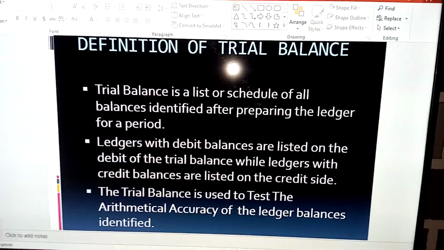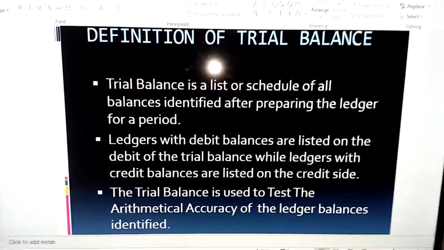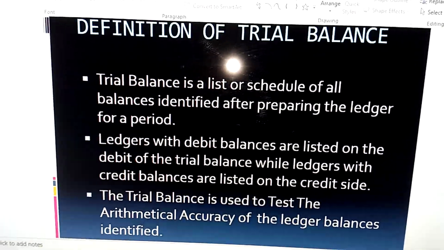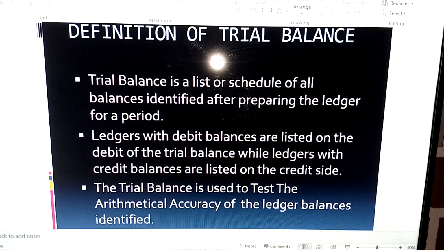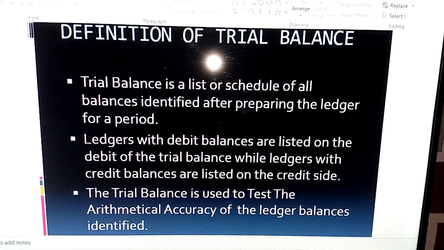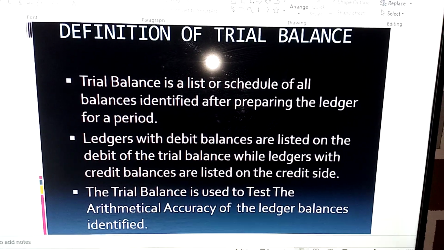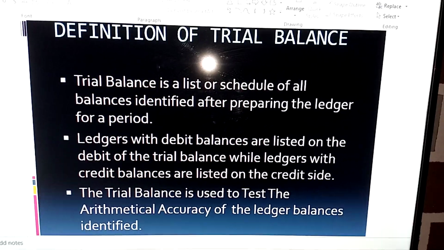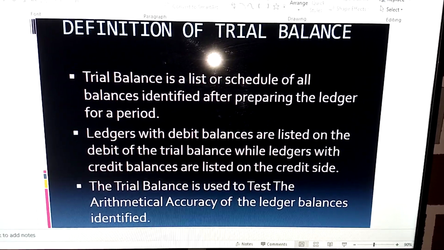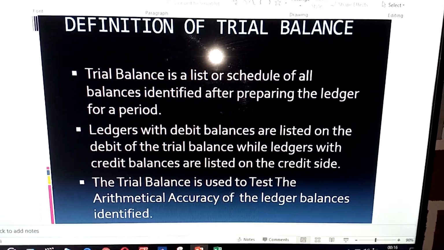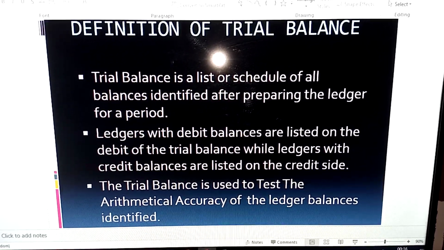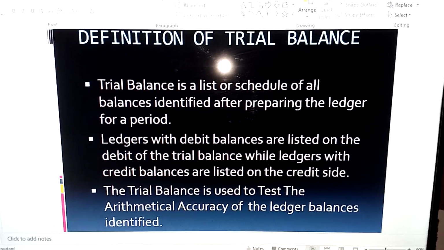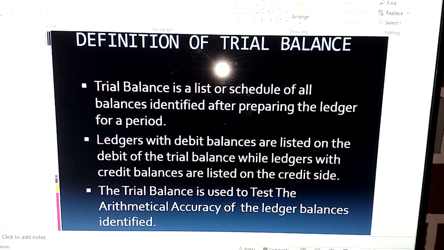Trial balance is a list or schedule of all balances identified after preparing the ledger for a period. Now, let me quickly take us back to our double entry application for assets, for liabilities, for expenses, and for income.